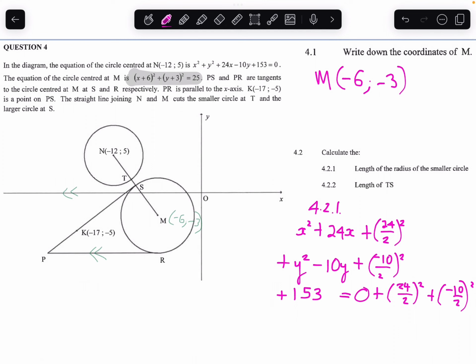Okay, so now we can express these three terms as a single term. So that would be x plus whatever 24 over 2 is, it is 12. Okay, and y minus 5, right? Minus 5 is coming from here, negative 10 divided by 2.